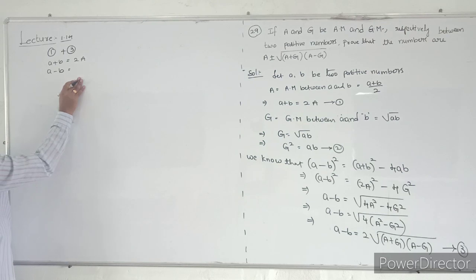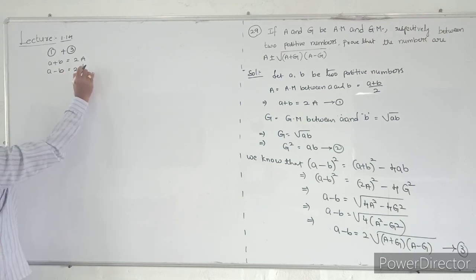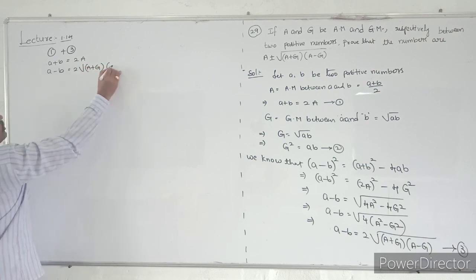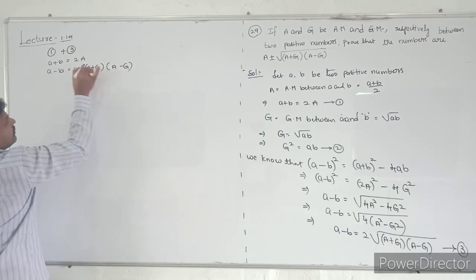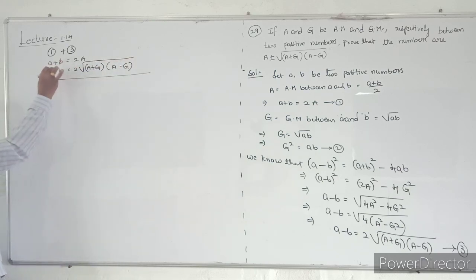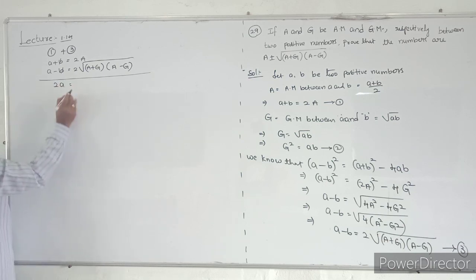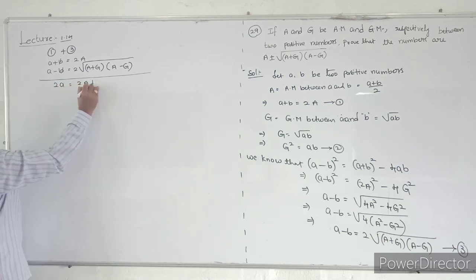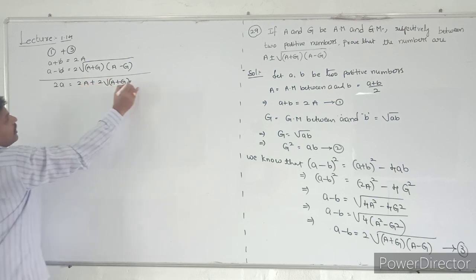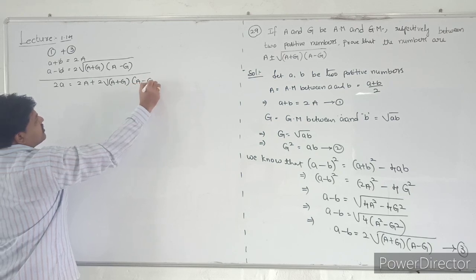A minus B is equal to 2 into square root of A plus G into A minus G. So I am adding both, you will get that plus B and minus B will be cancelled in the LHS. What we will get is 2A is equal to 2A plus 2 into square root of A plus G into A minus G.